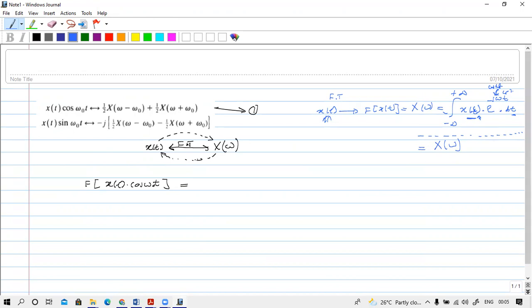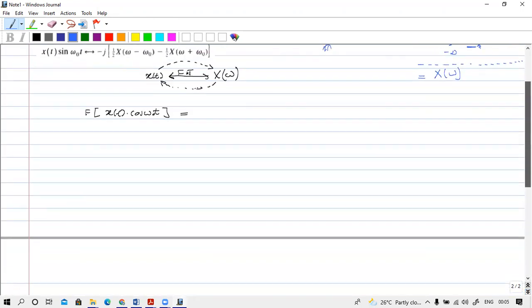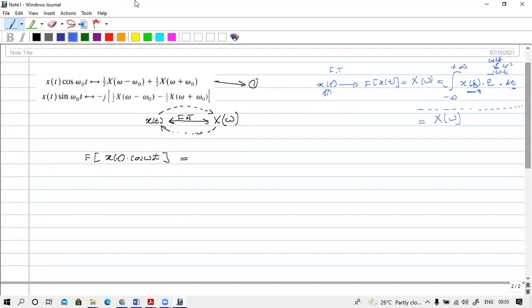So we can use this identity to prove this. Here I apply it for this signal. We have to find the integral from minus infinity to plus infinity. This product signal is our time domain signal now.